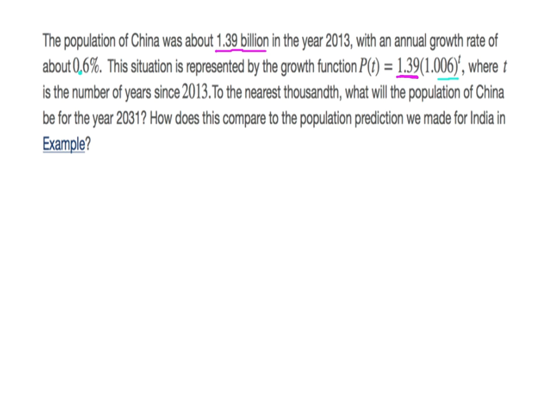Okay, that makes sense as to why there are three places behind the decimal. We had to have the 1 there to account for that 1.39 billion that we started with. So we're doing the same thing here. Figure out how many people we expect to have in China in the year 2031. Well, we know that our t will be equal to 18 because 2031 is 18 years since 2013.